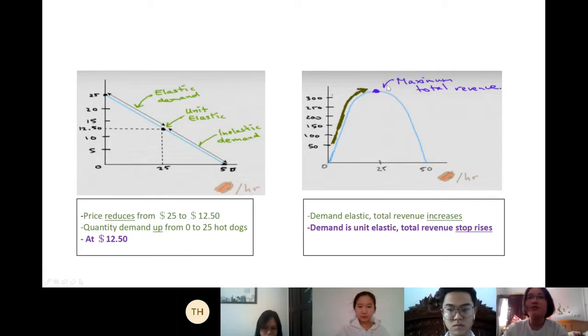It's over here, and let's just take our information at $12.5. The demand is unit elastic and the total revenue does not change. It means that the total revenue stops increasing. The unit elastic point is also here on the first graph, and on the second graph it is here at the top of the graph, and it's also the maximum total revenue.